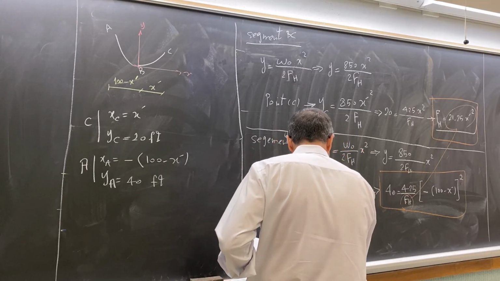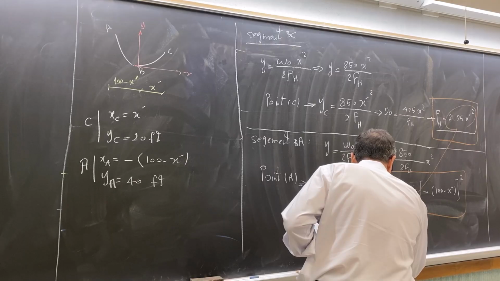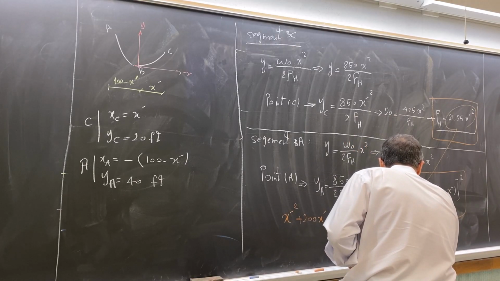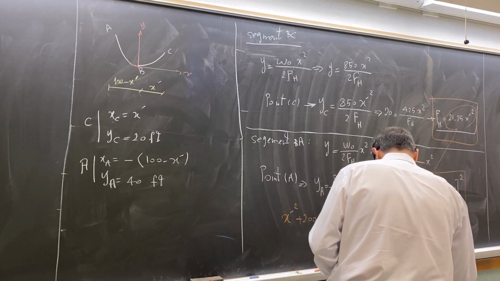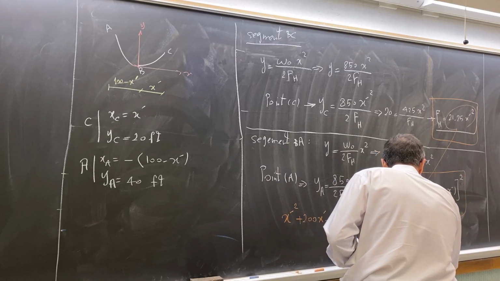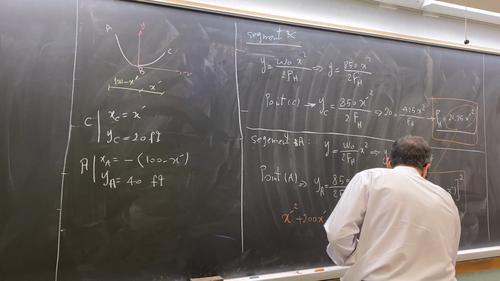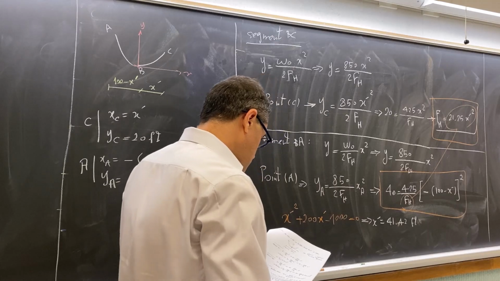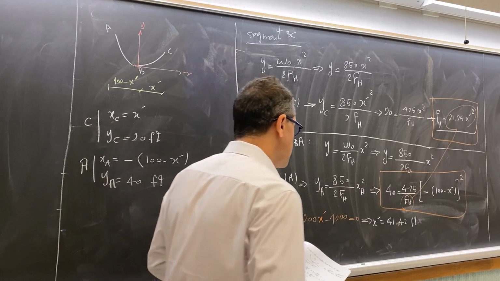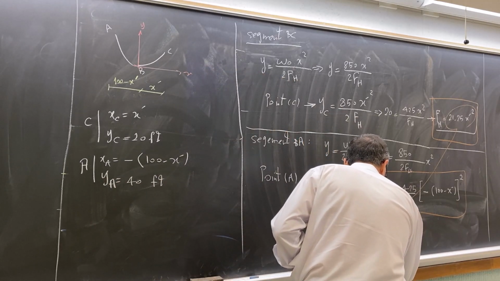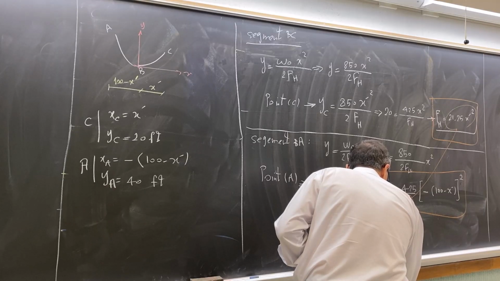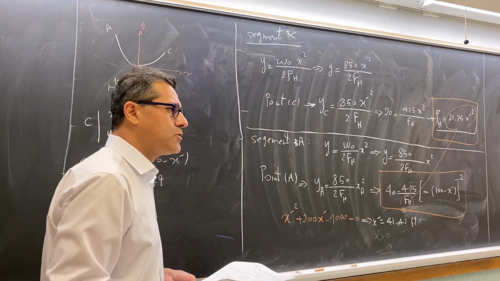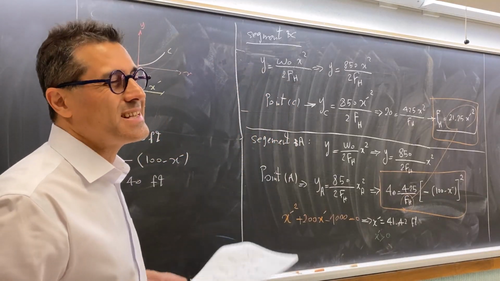Then from here you can find the value for x prime, which is 41.42 feet. We found this one, and remember when you solve the quadratic equation, x prime must be positive. So we don't accept the second answer, which is negative.